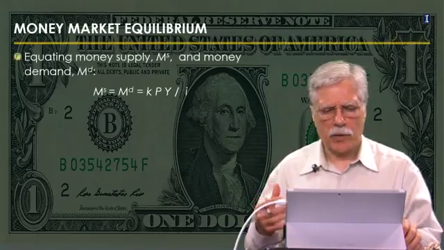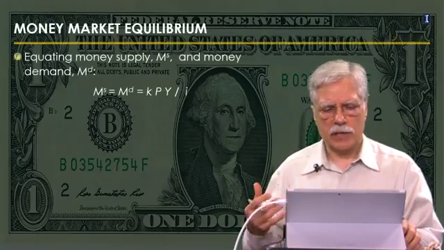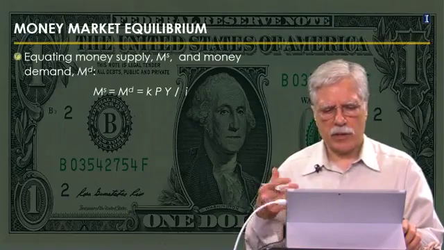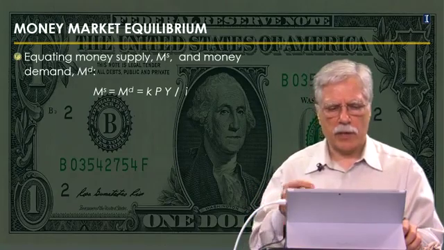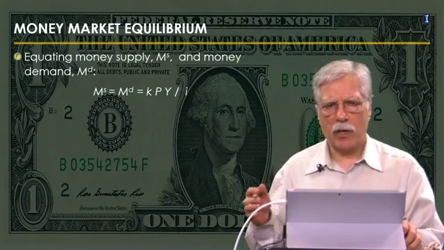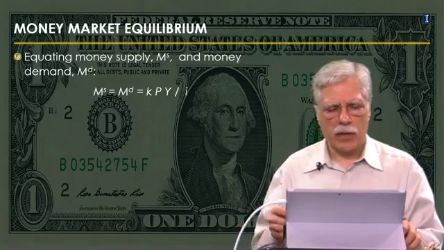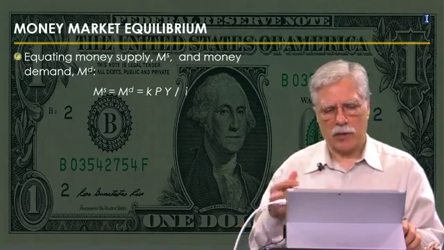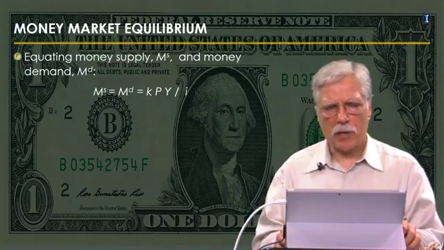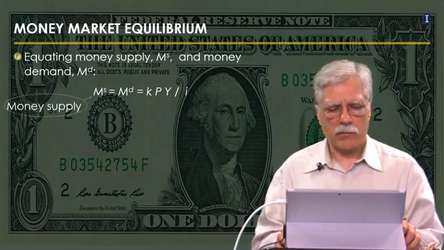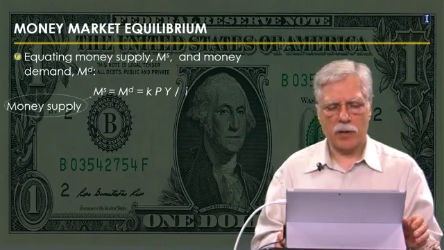The money market can also be analyzed using algebraic equations rather than graphs. We've seen that money demand is equal to KPY divided by I, and money supply is given. We're going to call it MS. Setting money supply equal to money demand determines I. In this equation, on the left-hand side, we have money supply.